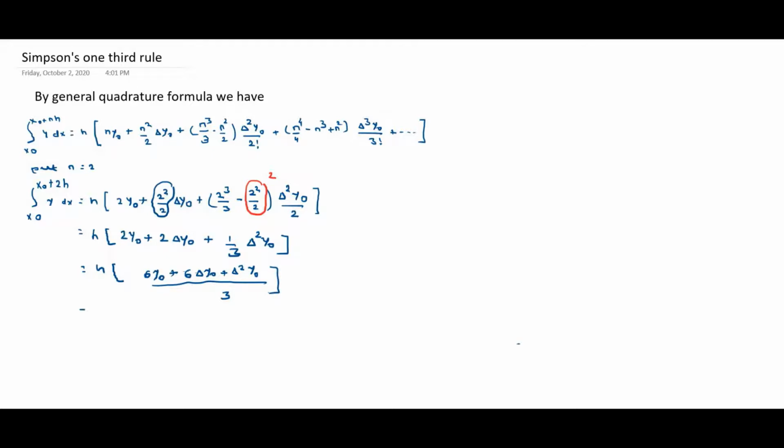So this is equal to, writing the 3 outside the bracket, 1 divided by 3 into h bracket 6y0 plus 6 into delta y0 plus delta square y0.